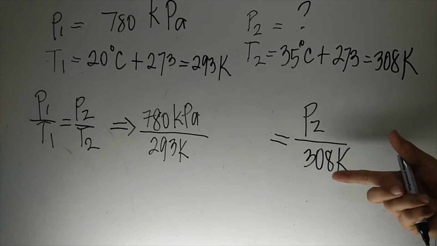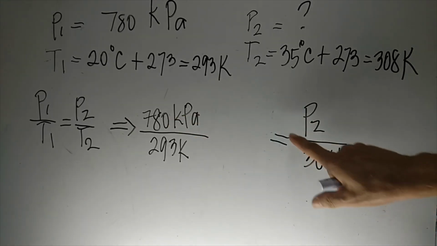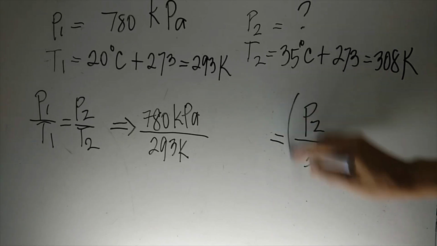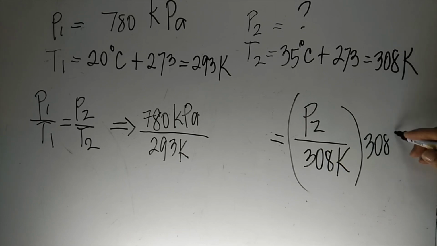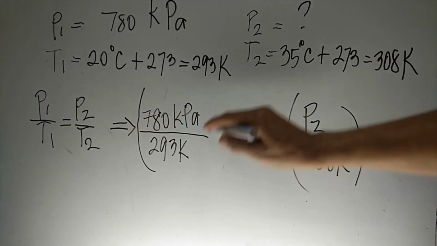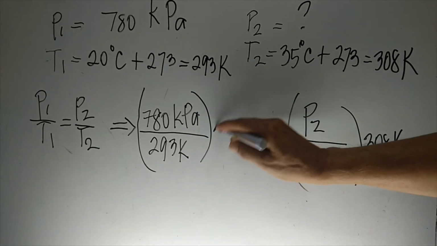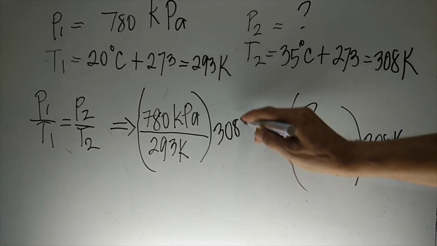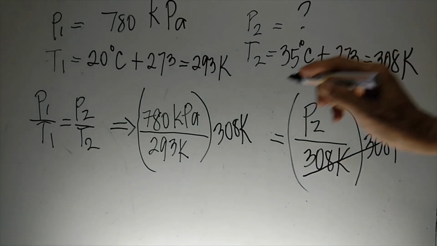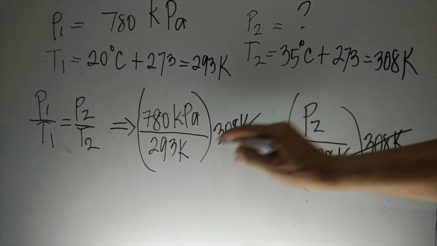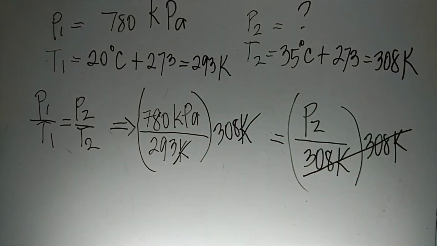We'll transpose this value to the other side, so we will multiply this by 308 Kelvin. We'll also multiply this by the same value. So this will become 1. So this unit will be cancelled.